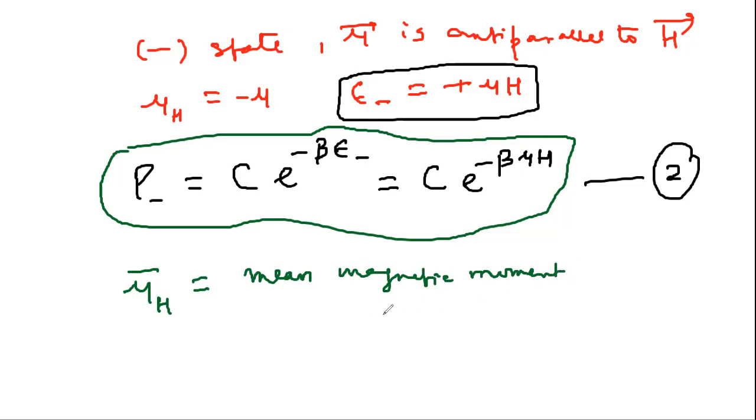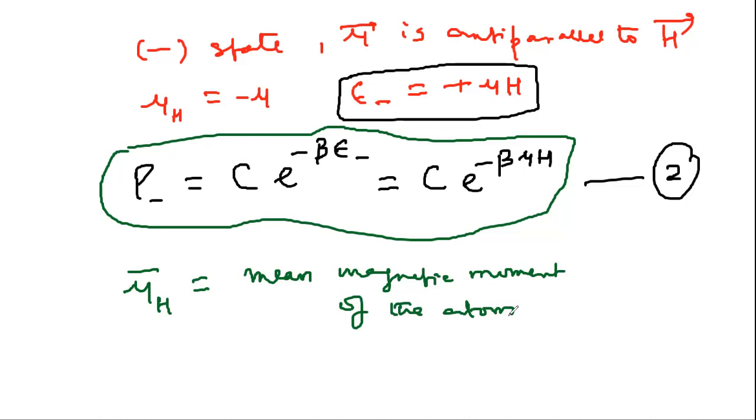The mean magnetic moment, which is ultimately in the direction of h, of the atom. Right? We write subscript h to indicate that it is in the direction of the external field h. Right?